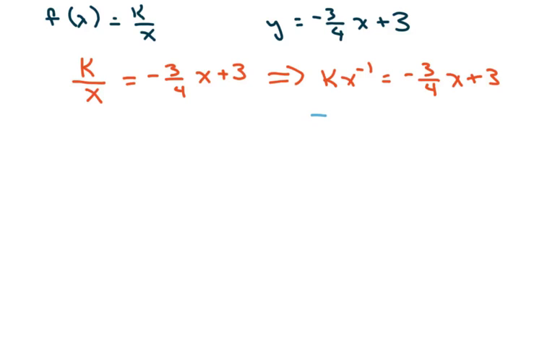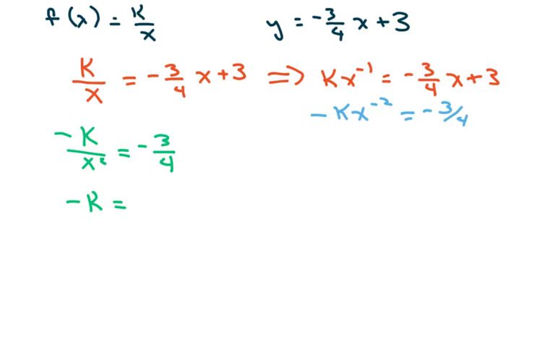This would be negative k times x to the negative 2, which equals negative 3/4. And rewriting this, I get negative k over x squared equals negative 3/4. And cross multiply, you get negative k equals negative 3x squared over 4. And so k is 3/4 x squared.